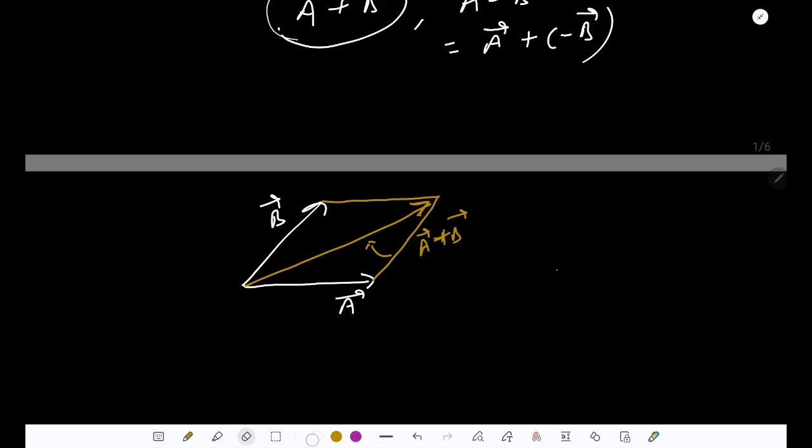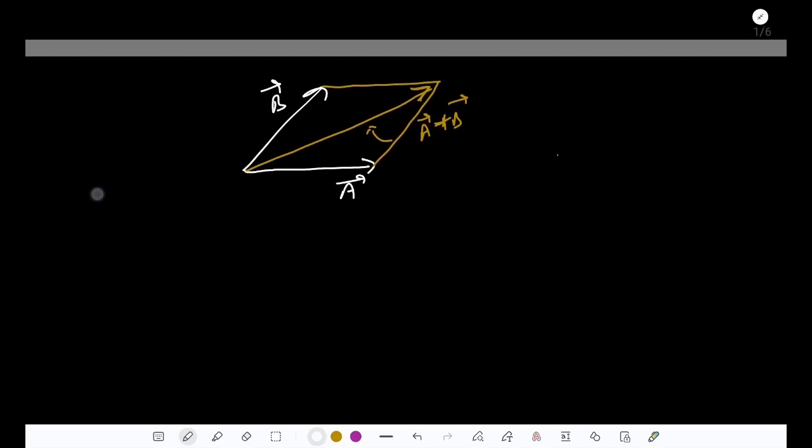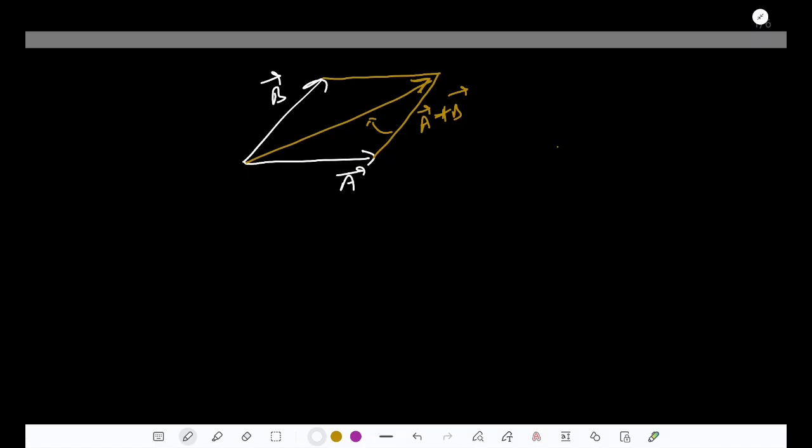And then how can we find the length of vector a plus b? Go through the trigonometry lectures, where we have described law of sines and law of cosines. If you don't remember, I can again explain it.